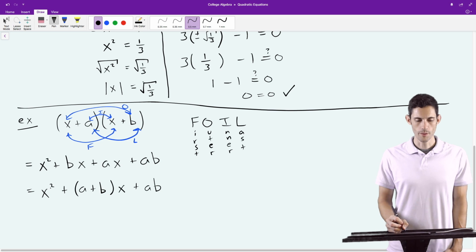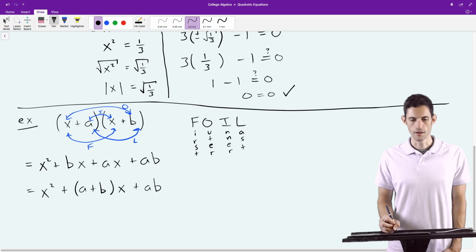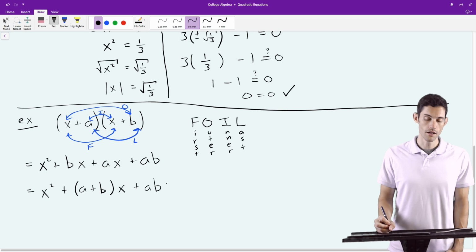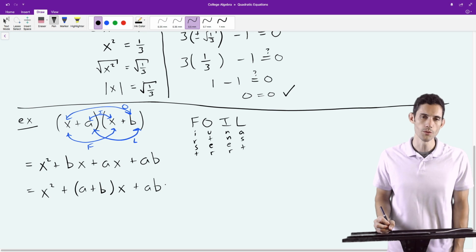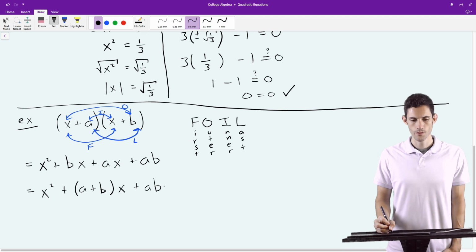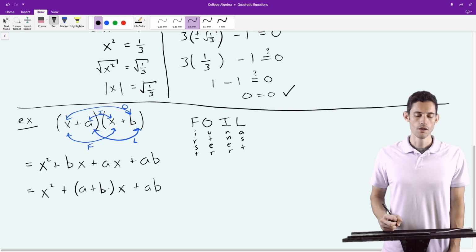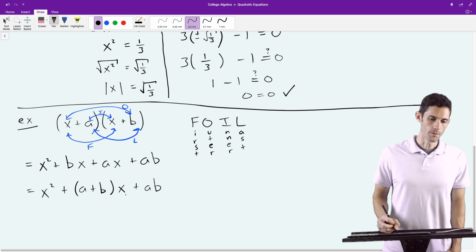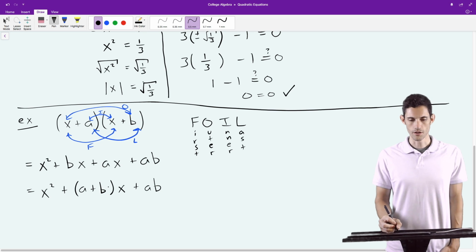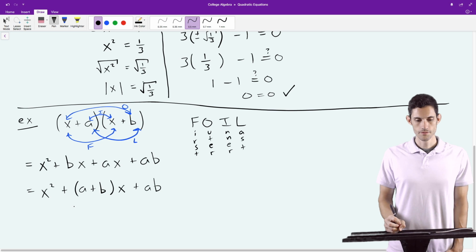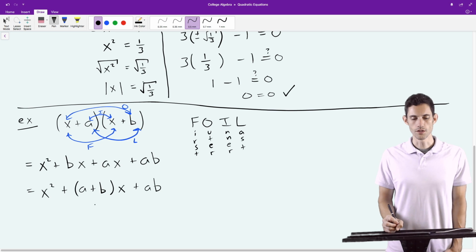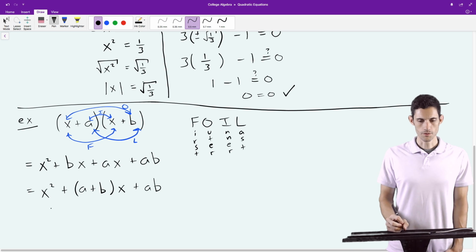It's got x to the power 2, it's got an x to the power 1 here, and it's got a constant term, which is just a number, which is x to the power 0. And I can use this method going backwards to factor and solve quadratic equations.